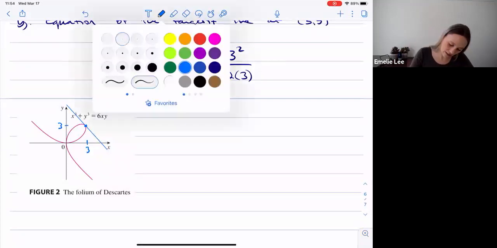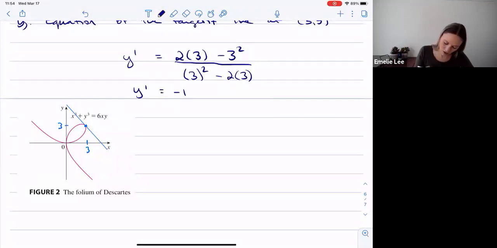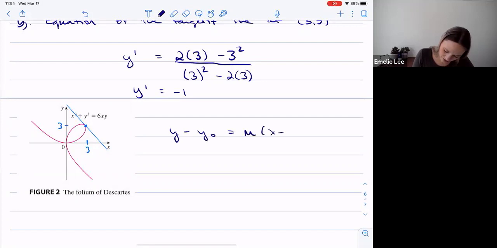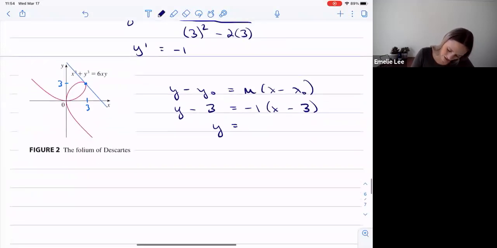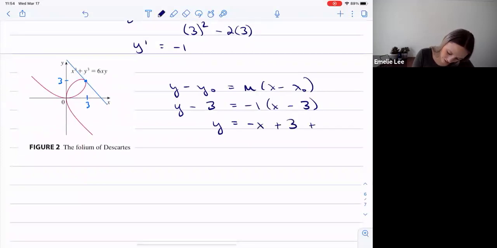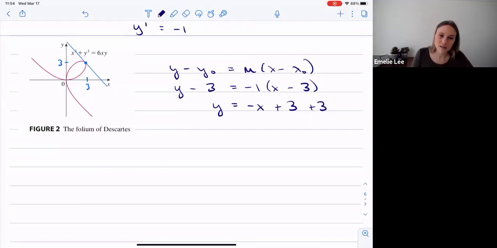So as soon as you have the graph, it's nice to just confirm what we found and make sure it makes sense. So then the equation of this tangent line is y minus y naught equals m times x minus x naught. x is 3, y is 3. And so y minus 3 is -1 times x minus 3. So I get y is -x plus 3 plus 3. Just so I don't have a negative x, I'm actually going to write this as 6 minus x, just because it looks a little bit nicer.